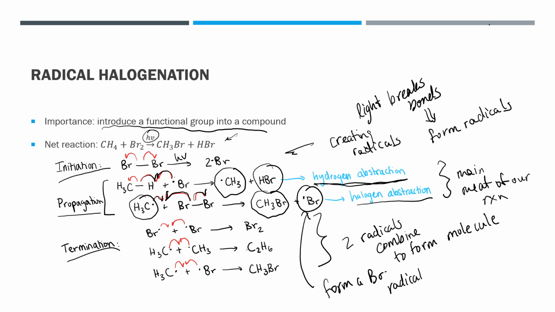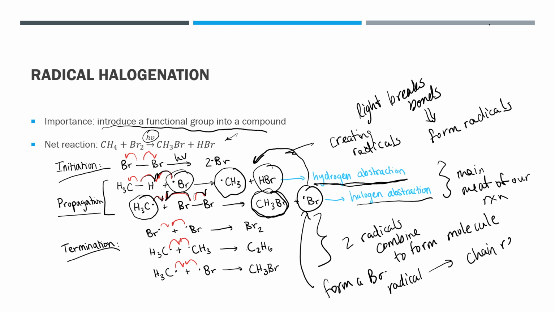So when we had our propagation step and we formed our product, we just formed our CH3Br. This radical can then go and react again and go back to our first propagation step, and yank off another hydrogen, and this can keep continuing. And this is why we call these radical reactions.